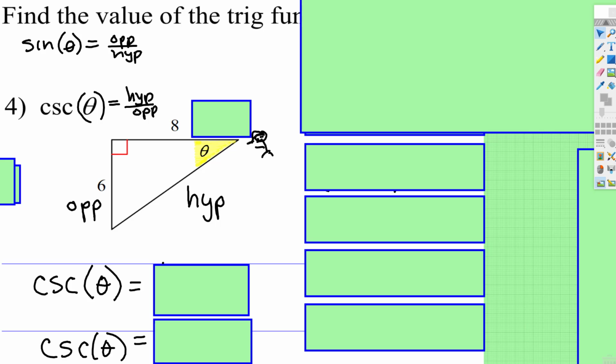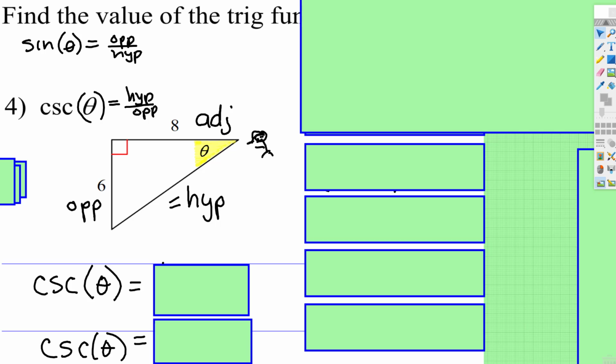And I don't even care about the adjacent side, so I can even cover that up because we don't need to know the adjacent side. But what we do need to know is the hypotenuse length. So we are going to need the measure of the adjacent side.